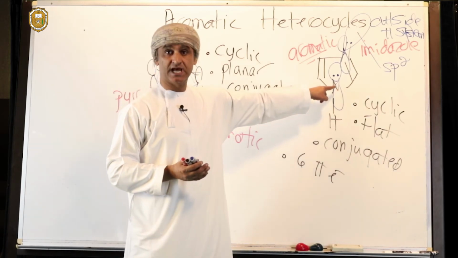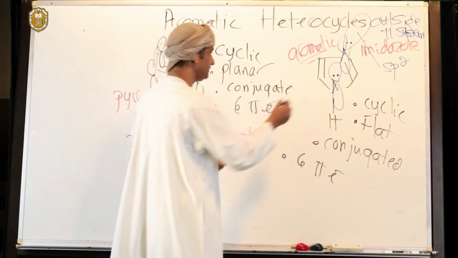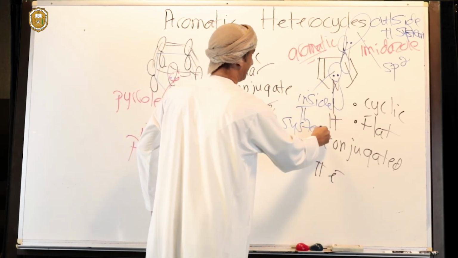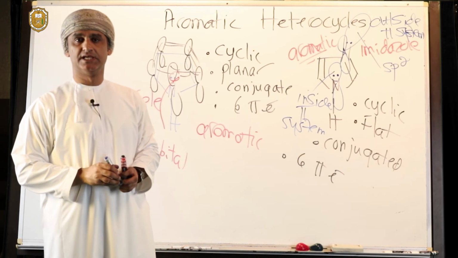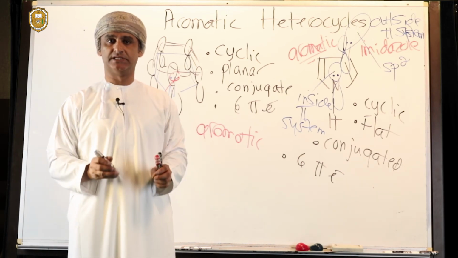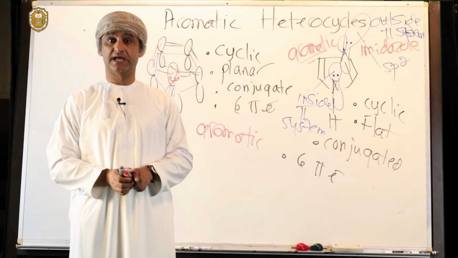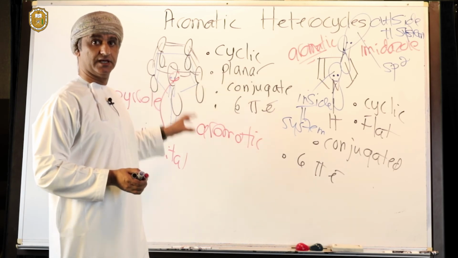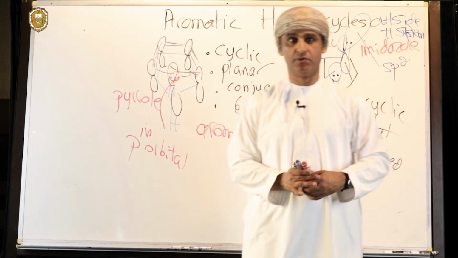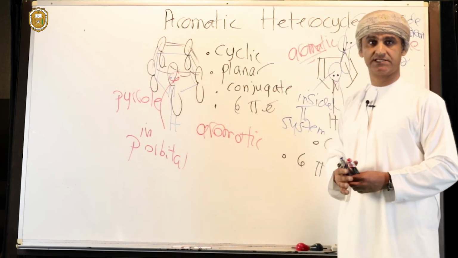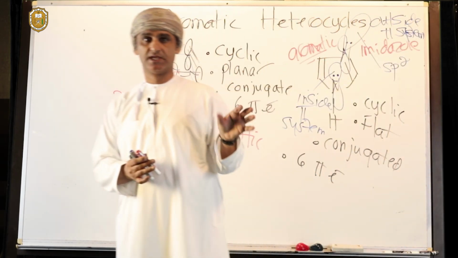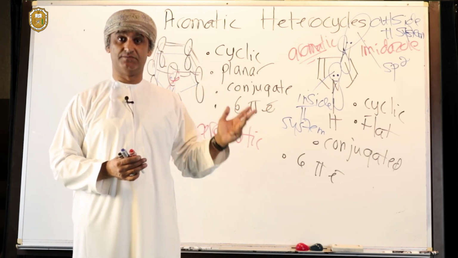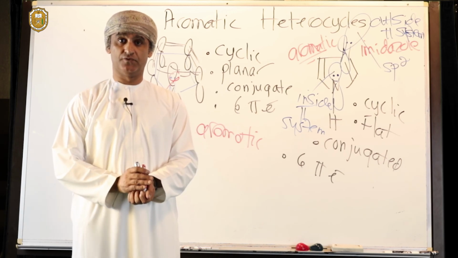Remember, the lone pair on this nitrogen is inside the pi system, whereas the lone pair on the imine nitrogen is outside. In summary, imidazole is an aromatic 5-membered heterocycle, just like the typical 5-membered heterocycle pyrrole. Both obey aromaticity rules: they are both cyclic, conjugated, flat, and obey the Huckel rule, 4n plus 2.